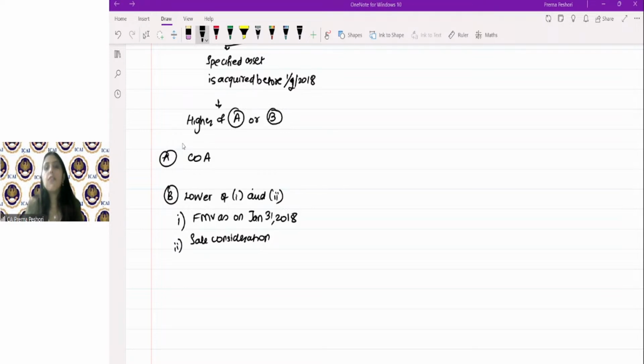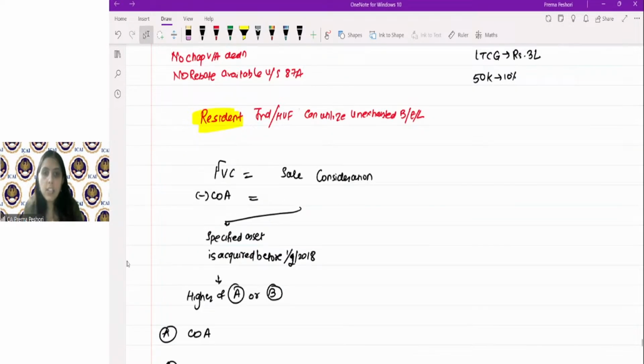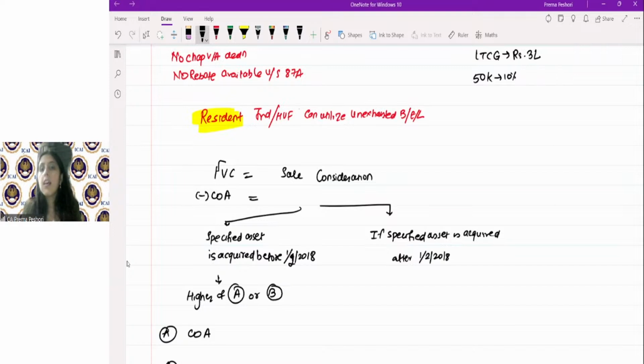Clear? Further, in case the specified asset is acquired after 1st February 2018, then it is purely cost of acquisition.